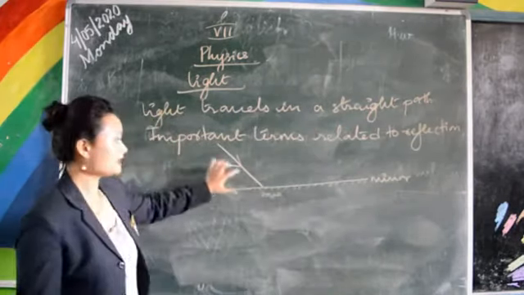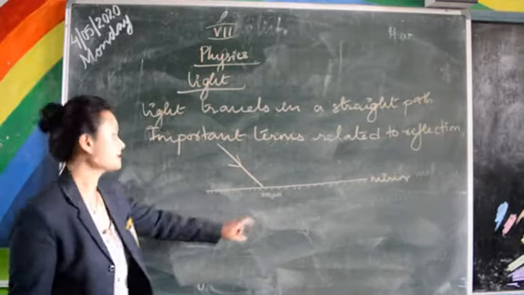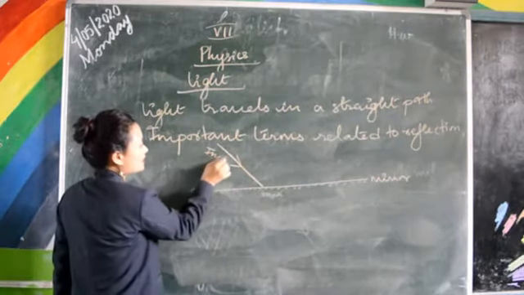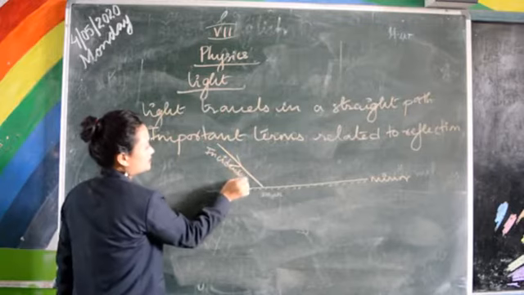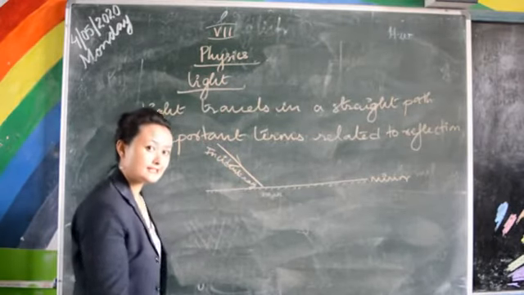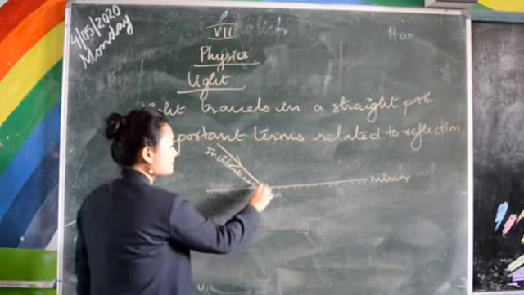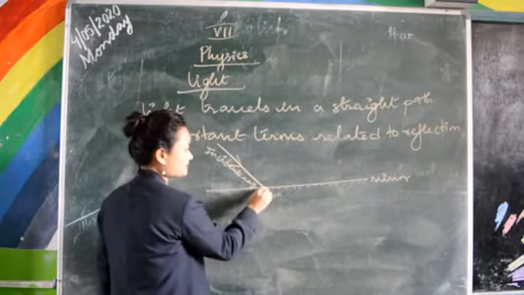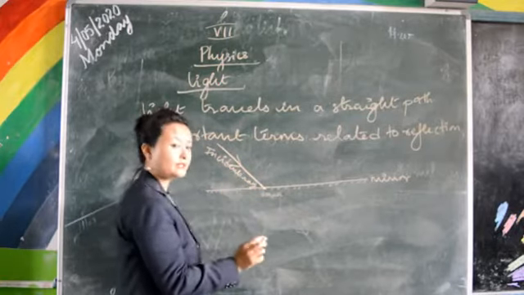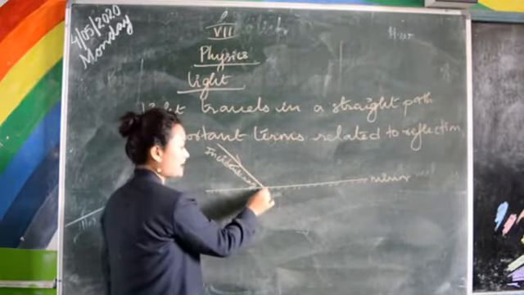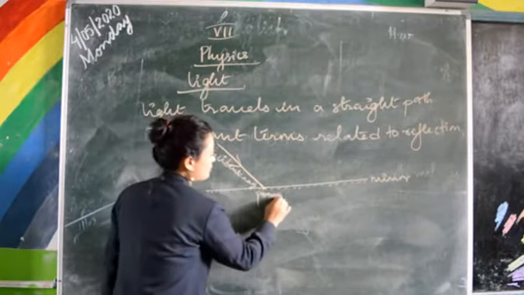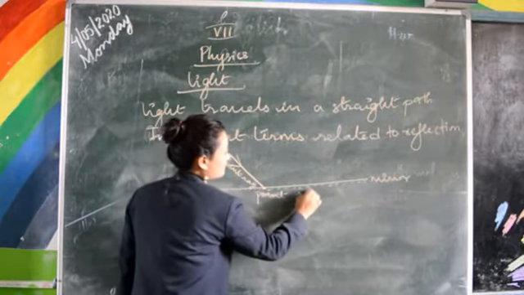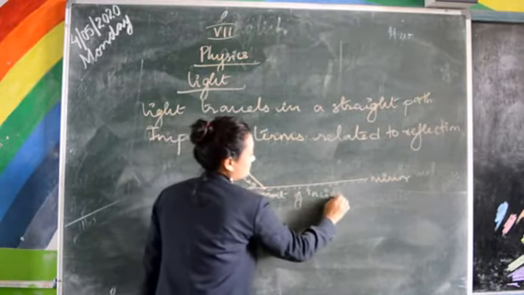Now, a ray of light which falls on the mirror is called incident ray. What is it called? Incident ray. Now after striking, it meets at this point, isn't it? The point where the incident ray strikes the mirror is called point of incidence.